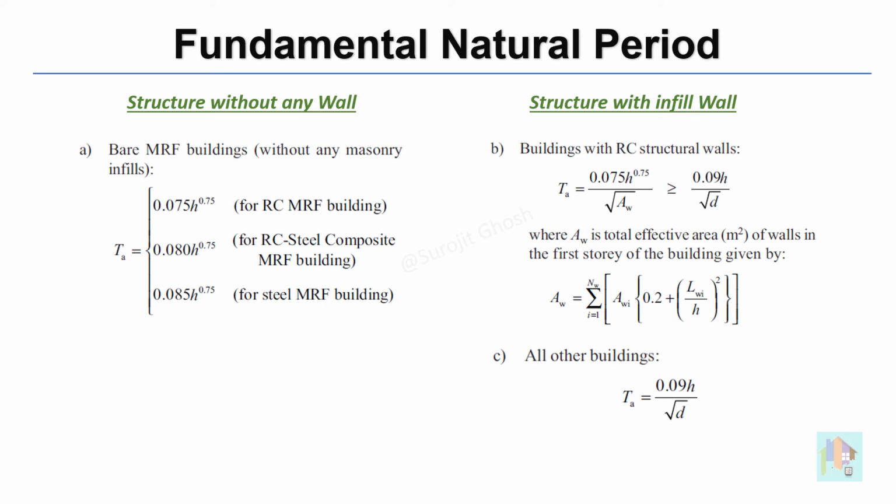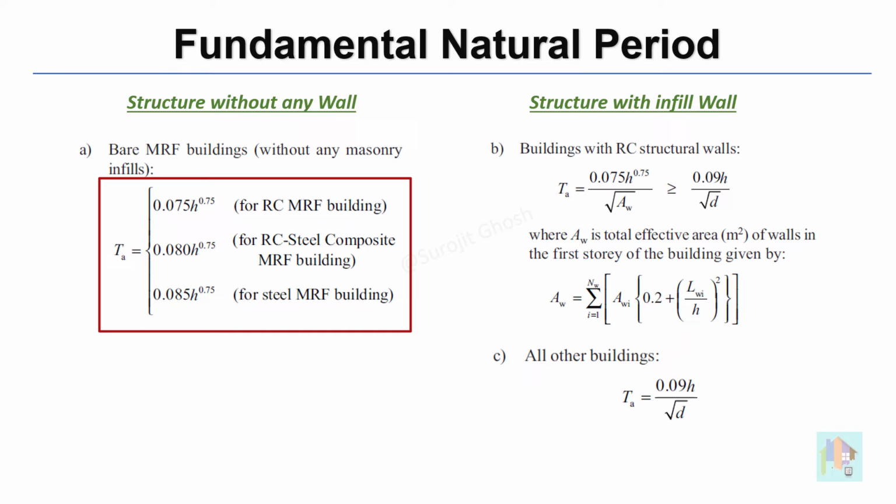There are 5 different equations. The first 3 are used for moment resisting frames without any wall, and the last two are used for any structure with RC or URM infill wall. If there is no reinforced structural wall present in the model, and if masonry walls are not modeled or considered for analysis, then depending on the material used, three separate equations are provided.